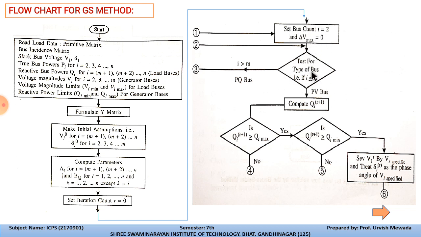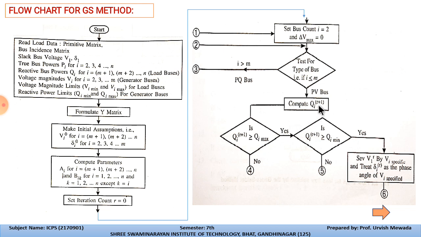After that we have the condition. This is the condition test for types of buses. Here we check whether it is a PV bus or a PQ bus, which we have already classified in the bus classification section. If it is a PV bus, then it will go to number 3, and if this is the PV bus, then it will compute the reactive power of the respective system.